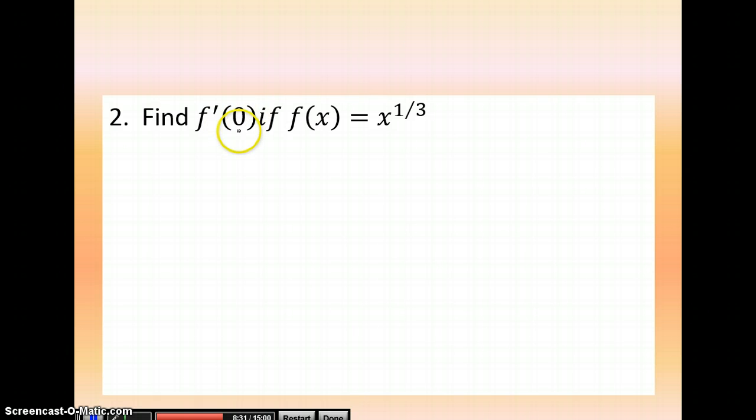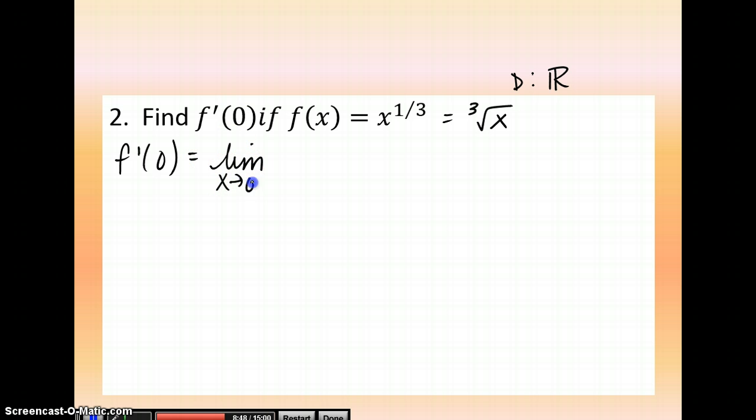Okay, so let's find the derivative at 0 for the function f of x equals x to the 1/3. This is the cube root function. The domain of the cube root function is also all real numbers. So let's look at our alternate definition. Limit as x approaches 0, the function is x to the 1/3 minus the value of the function at 0, which is 0, all over x minus 0.